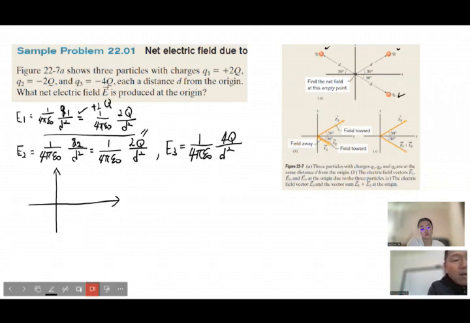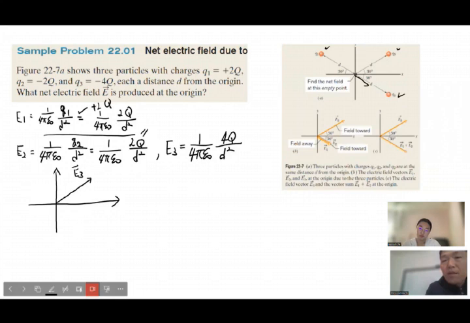The electric field from the charge Q3 that is pointing in this direction, that is E3 from the charge Q3. And the fields from Q1 and Q2 are pointing in the same direction, because Q1 is a positive charge, so if you look at the electric field at the origin, then that should be this direction.